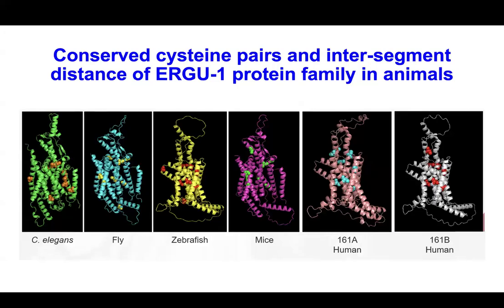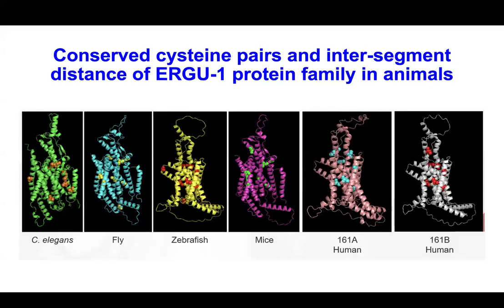And so it turned out that most of the cysteine pairs you can find along the transmembrane segment, and just like what we see in C. elegans, they are closely spaced to each other and potentially fulfilling a function to facilitate the electron transfer. But there are also very interesting differences.